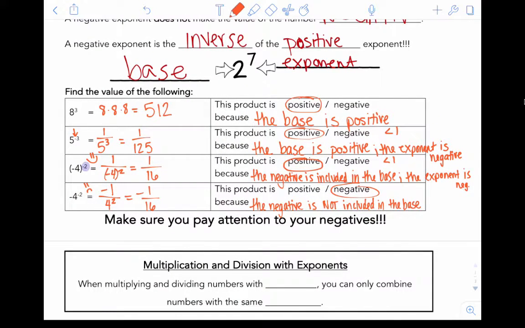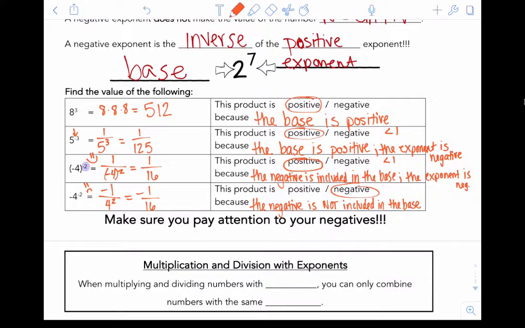So as you can see, it's really important to make sure you pay attention to your negatives. Make sure you pay attention to where the negatives are. Make sure you pay attention to the nice and mean exponents so that you make sure your answers are positive or negative as they need to be.